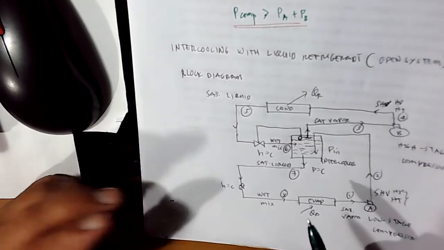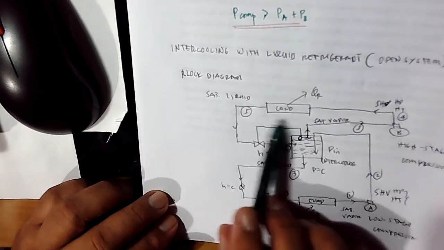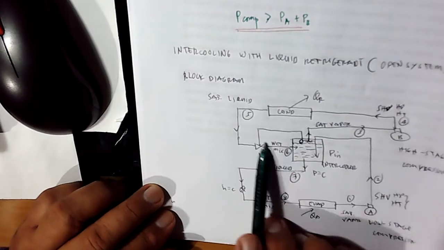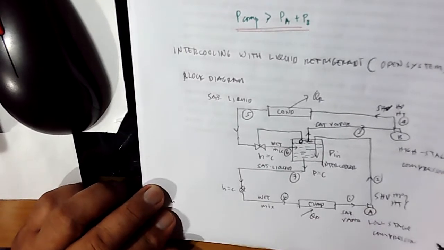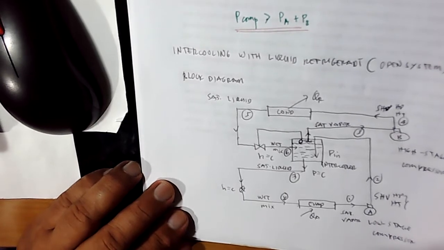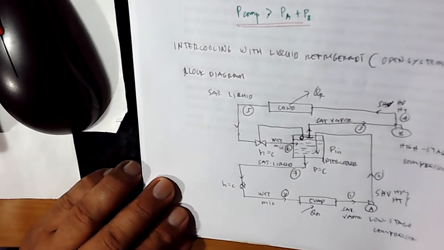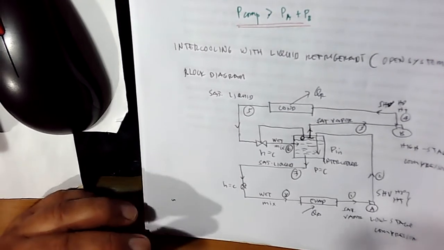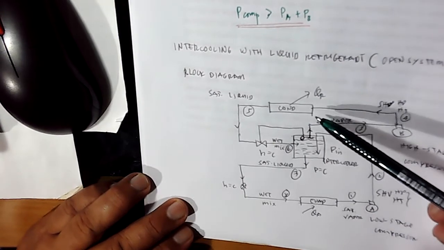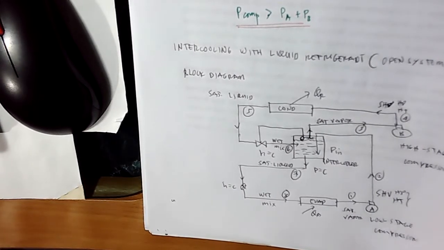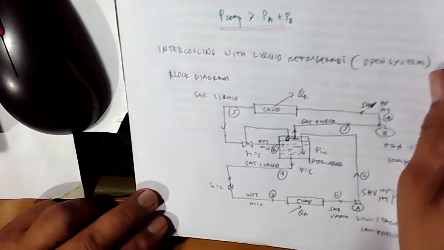There will be an exchange of heat as well as mixing of medium coming from this side to this side, and there is an exchange of heat coming from this side also going to this side, but there will be no rejection of heat, unlike in our first intercooler system using water cooling. So in this system we have only one heat rejected, and it is coming from your condenser. Okay, so we have all the necessary points there, and we are going to proceed to your pH diagram.